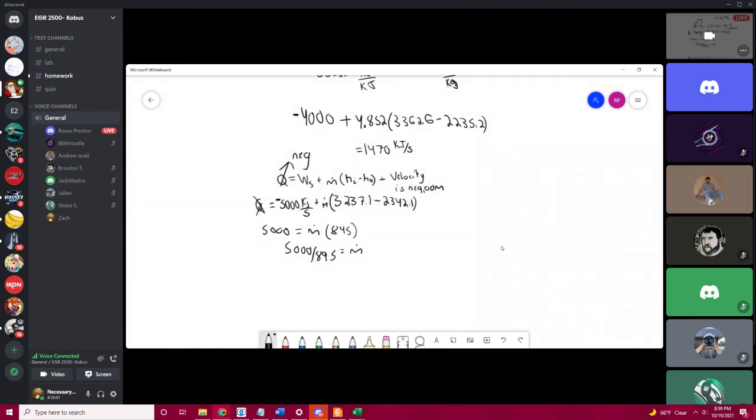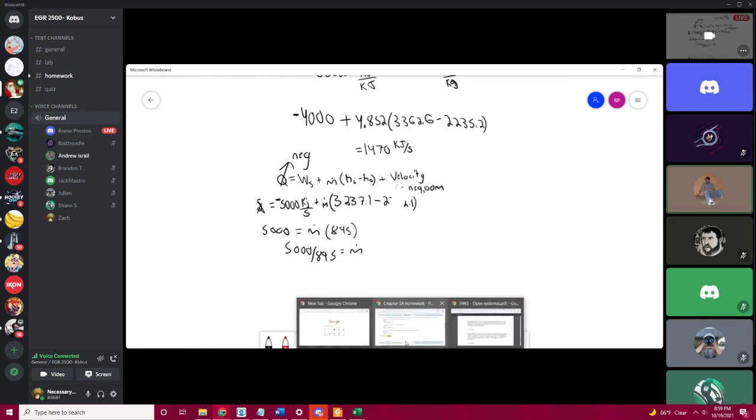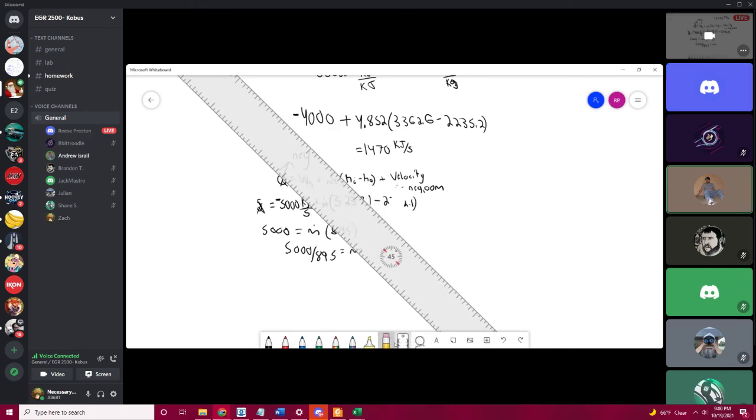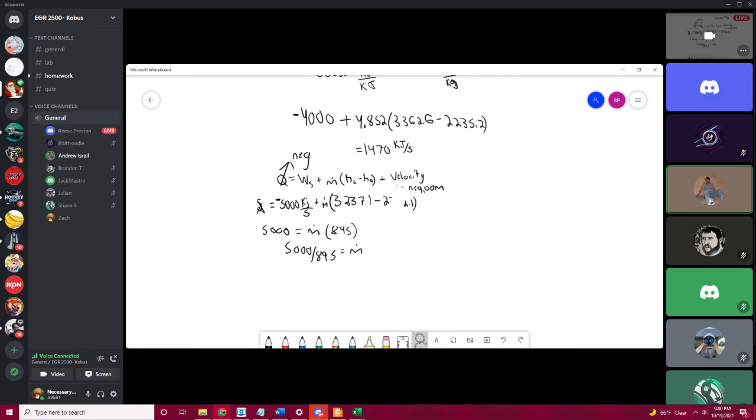It's so weird though, because he doesn't tell us if velocity cancels. He doesn't tell us that, like in part B, right? And if he doesn't tell us what mass flow rate to use, we have two.